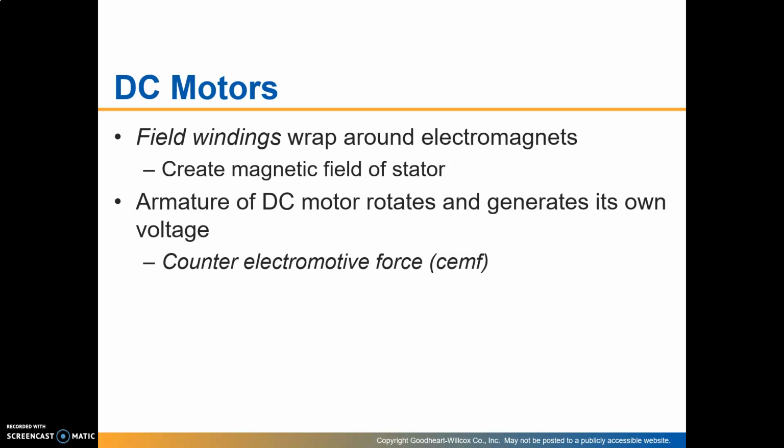And so we call that the counter electromotive force, that the momentum of the armature is resisting the energy that's coming into the motor. That resistance actually resists the flow of current into the motor. So when the motor is spinning at top speed, it actually draws the least amount of current.